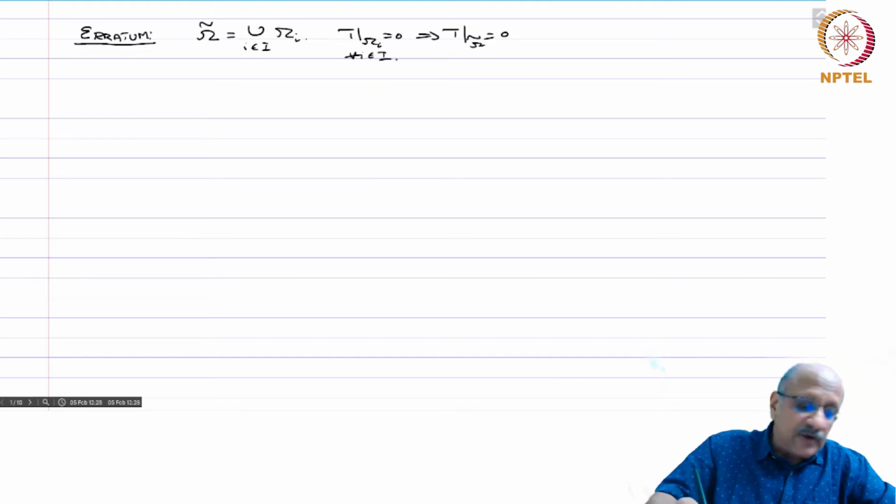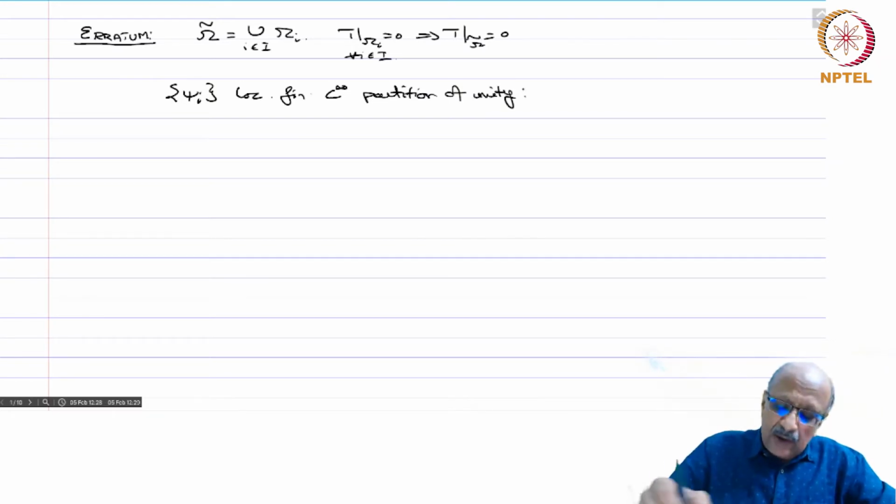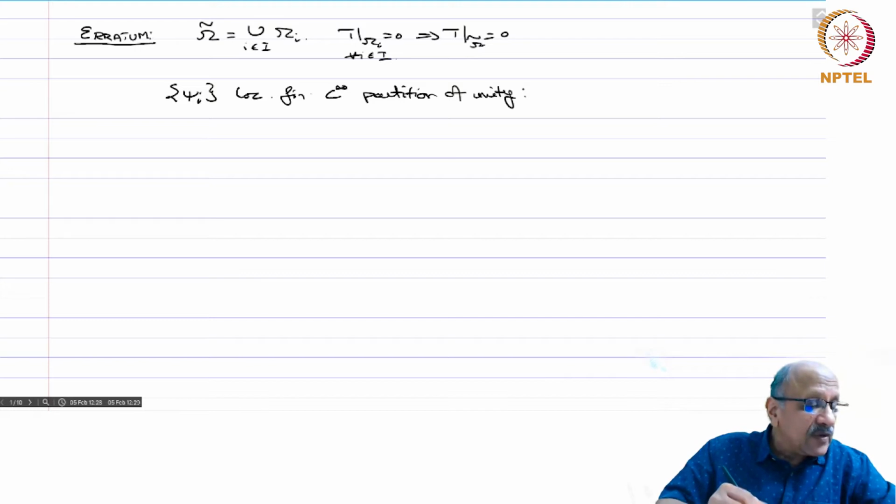This is what I was trying to prove, and in the process I used a locally finite C-infinity partition of unity, ψ_i. In the subsequent steps, I made some confusion in the notation: sometimes I used φ_i, sometimes ψ_i.